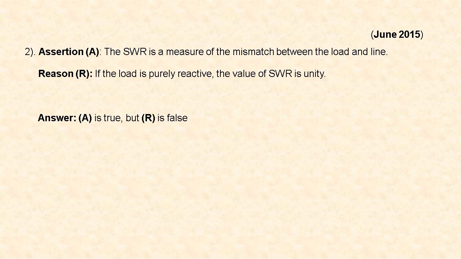We know that standing wave ratio is a measure of mismatch between the load and transmission line impedance. So assertion is true. But if you see the reason, if the load is purely reactive, then the value of standing wave ratio should be infinity. So it is wrong. Hence reason is false.